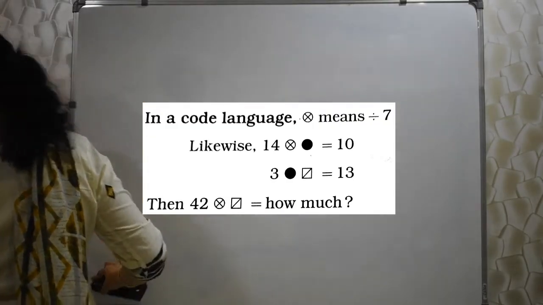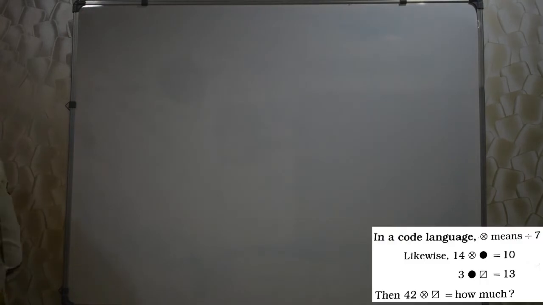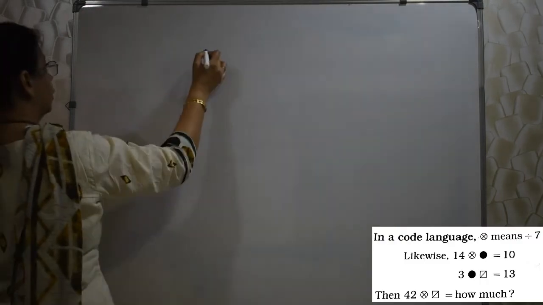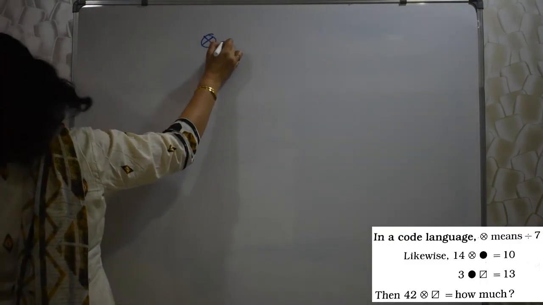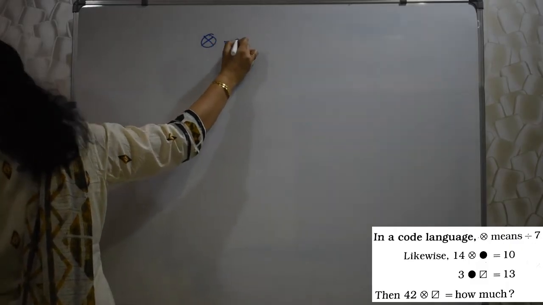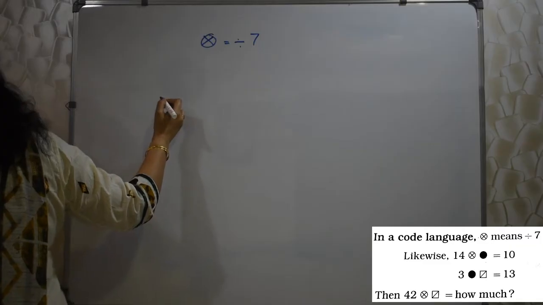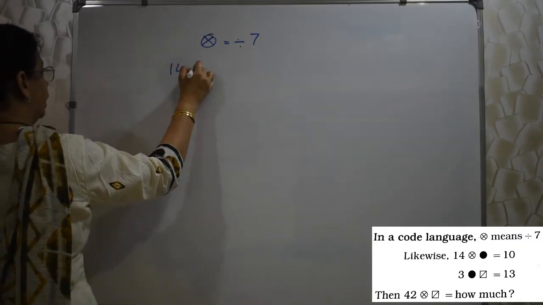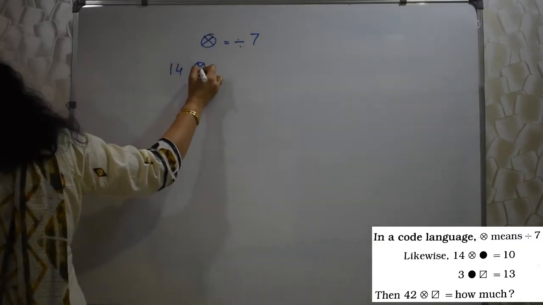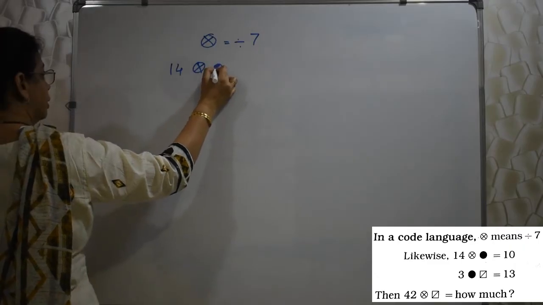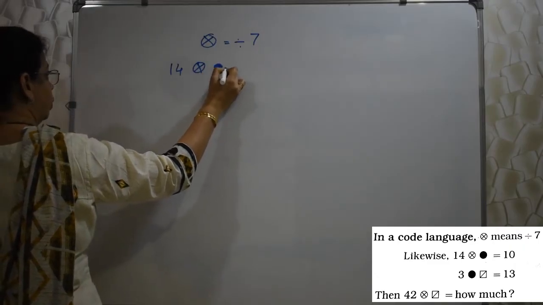What have they given? This means divided by 7. Likewise 14, this and this is equal to 10, right?